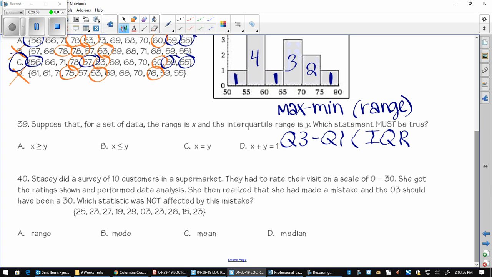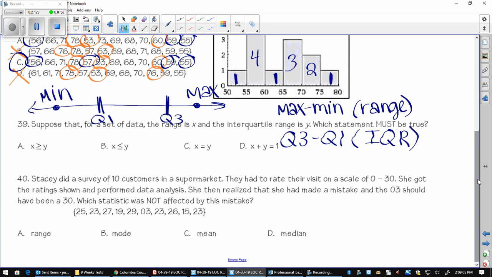So if I think about that, I'm just going to draw a number line. We don't have actual numbers to use here, but my maximum might be somewhere way down here, and my minimum is going to be somewhere way down here. Q1 and Q3 are going to be somewhere in between. I don't know exactly where because I don't have numbers here, but I know Q1 and Q3 are going to be between the minimum and the maximum. So that means this space from Q1 to Q3 is always going to be smaller than the space from minimum to maximum.